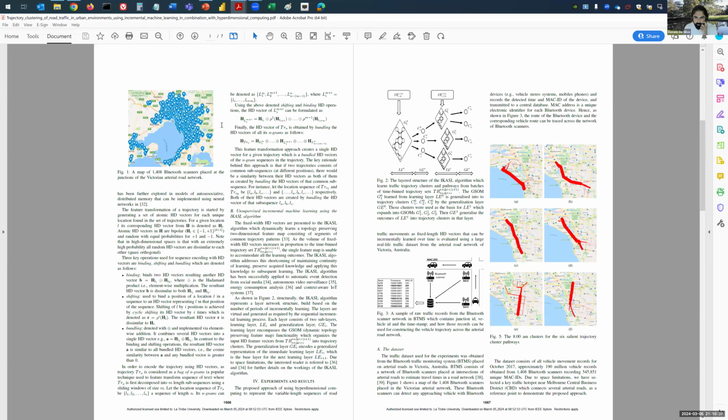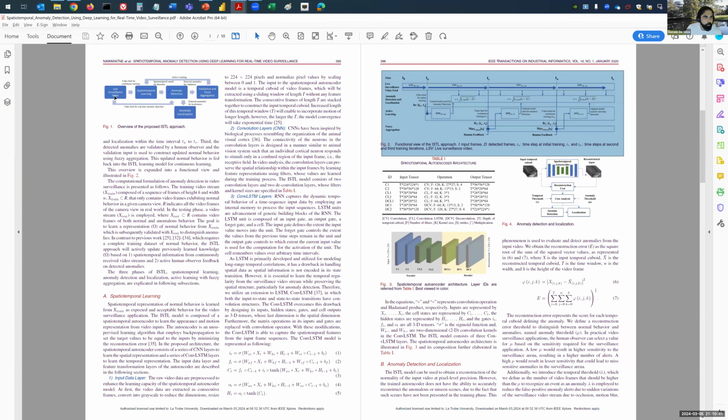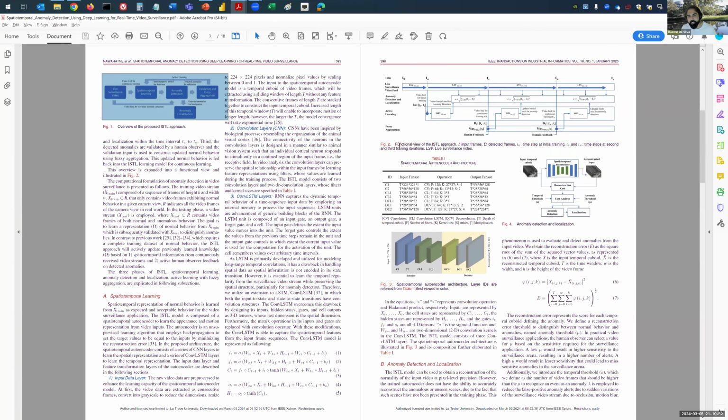So this is like anomaly detection in video footage, live surveillance, learning, detection, aggregation, and then we expand that with some notation. So this is what happens when the data is received by this algorithm. And then the CNN layers and something else, anomaly detection, localization.